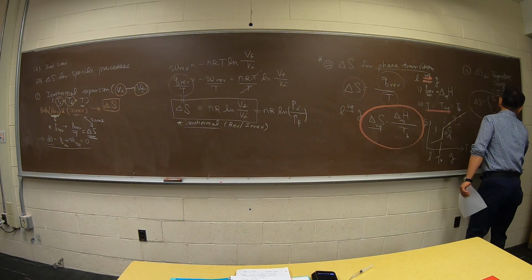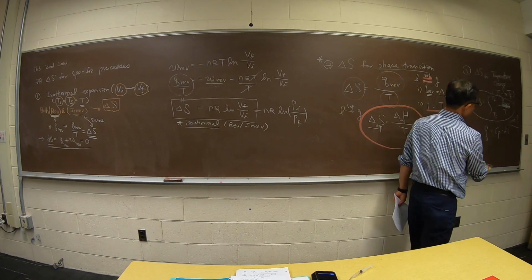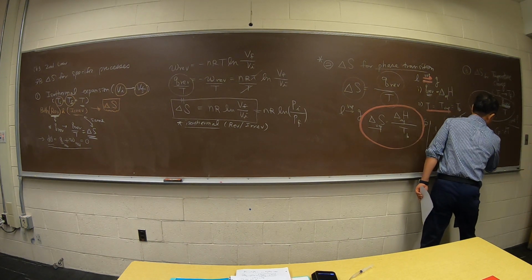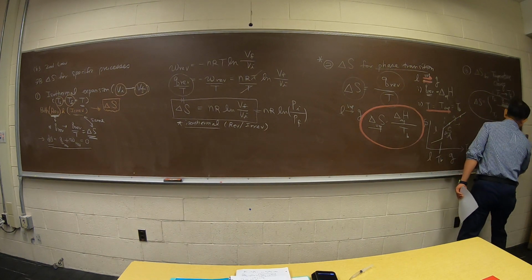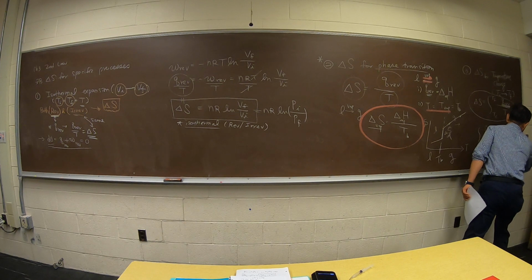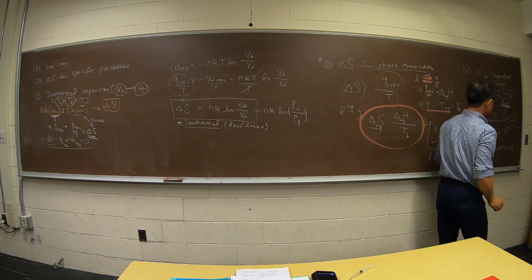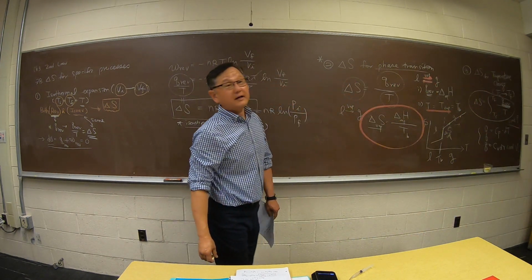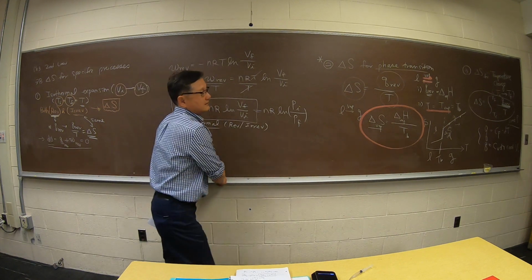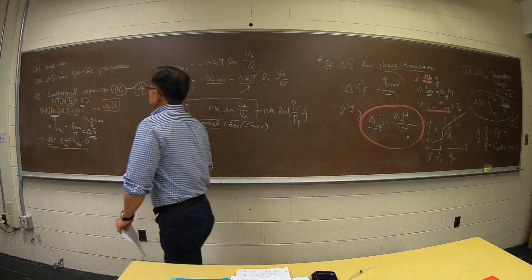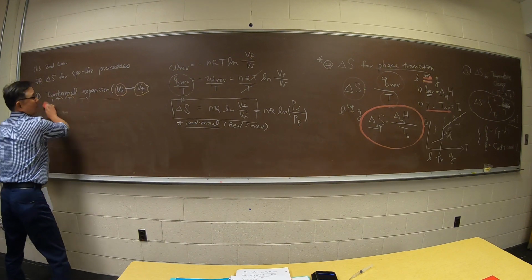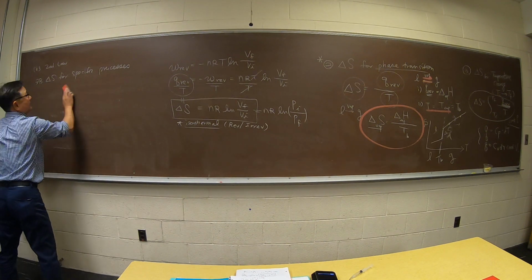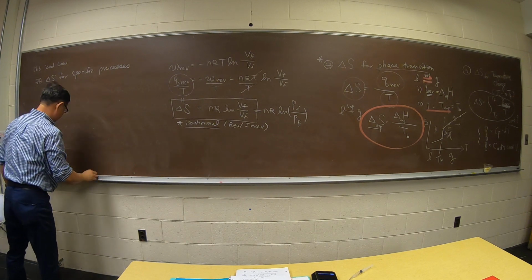If I have a constant pressure process, that will be this. And if I have Q with Cv dT, because we are doing a constant volume process, that will be the equation that I need to plug in. That is the second term that will be showing up.